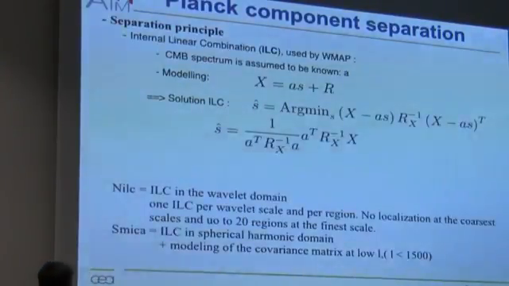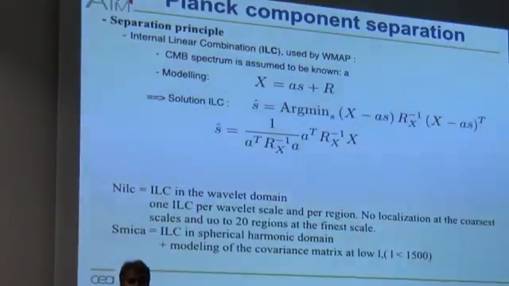And the 2 other methods are based on what is called internal linear combination, which is a method which has been used for WMAP. And here the idea is to assume that you can look at the data as one component which is CMB times a multiplicative factor, plus some residual which can be considered as Gaussian.